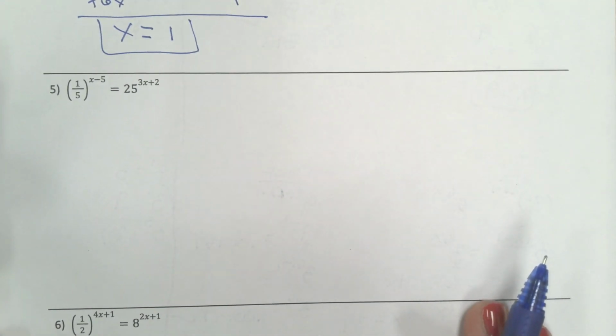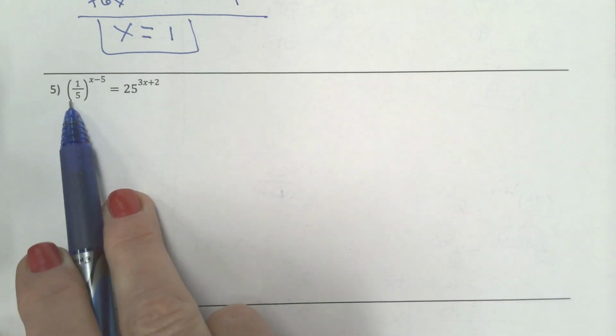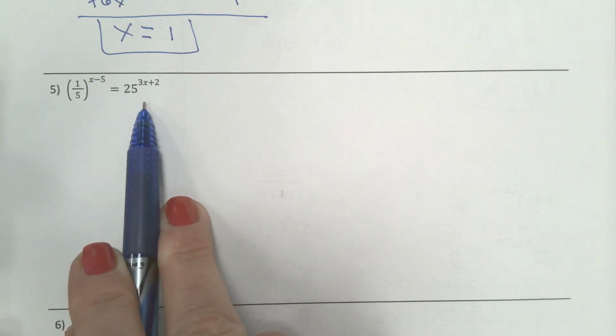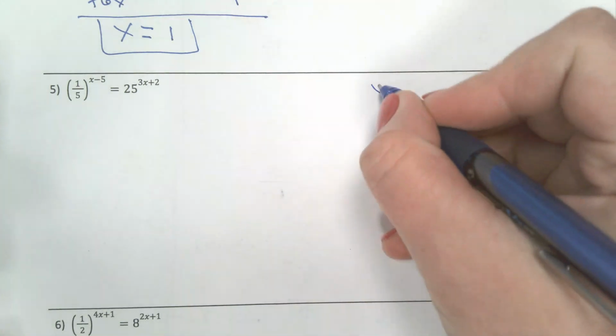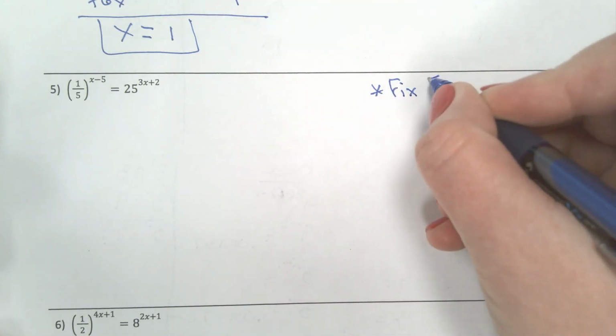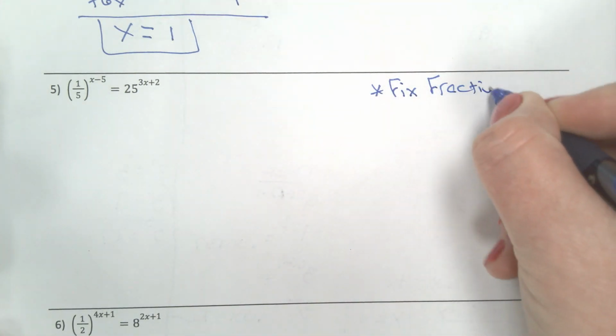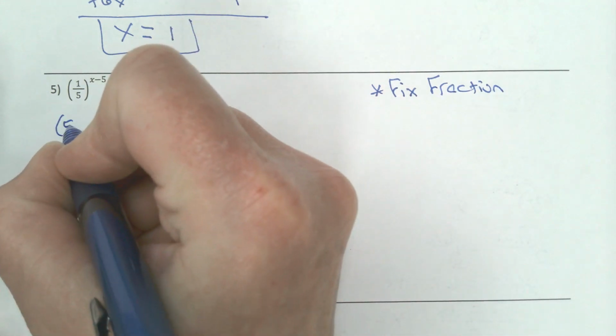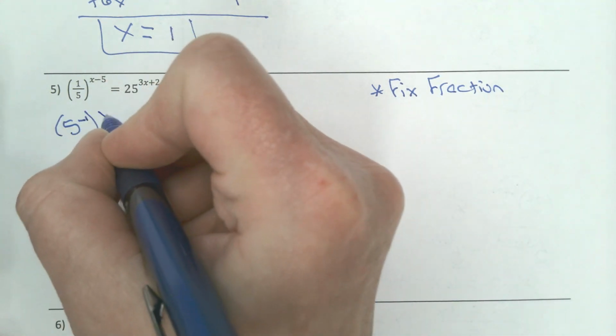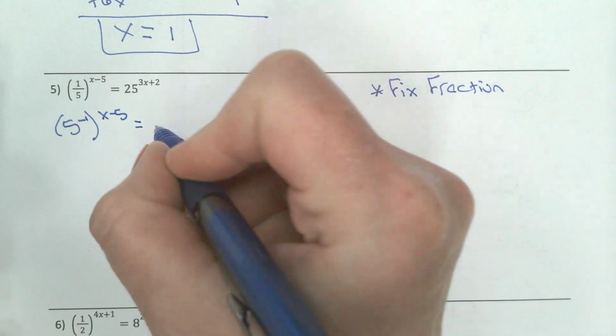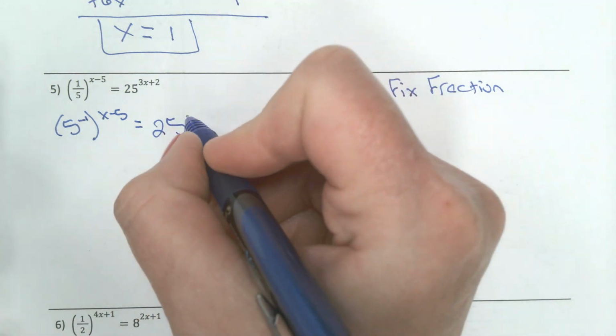In the next one, I have a fraction and that. Okay, so your first move is to fix your fraction. I'm going to do that with negative exponents. There is nothing to change on the right side yet.